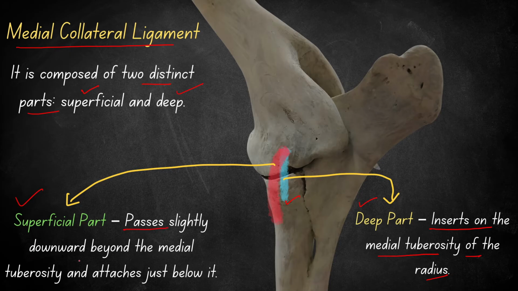It passes slightly downward beyond the medial tuberosity and attaches just below it. This is the superficial medial collateral ligament, and this is the deep medial collateral ligament.